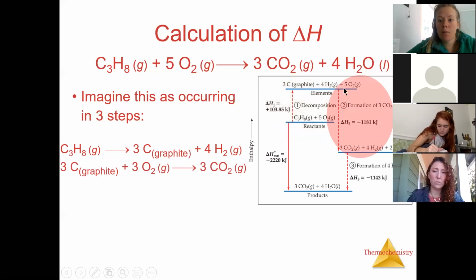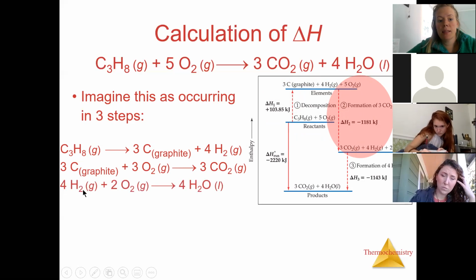Then we can see that we take our carbon and our oxygen and we form CO2. And then we can take the hydrogen and the oxygen and form the water. So instead of going from our reactants sitting right here straight down into our products, we decompose them into their individual elements, and then we recombine them into our new products.